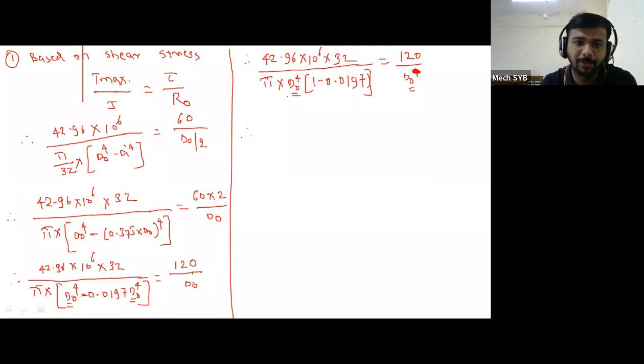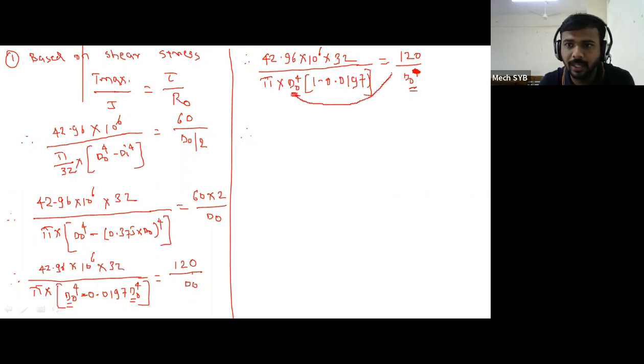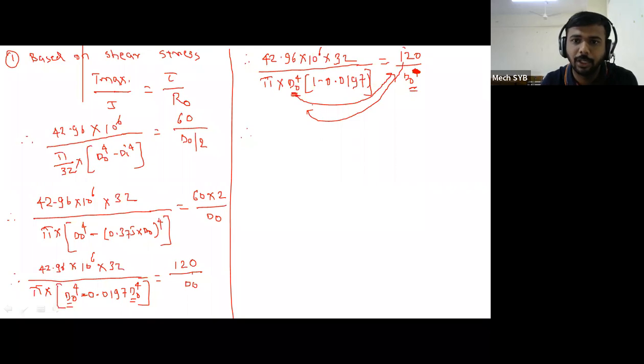So do term is present at the left side also and at the right side also. But this is the unknown parameter, so we have to take it at one side. Whatever do raised to 4 is present at the left side, at the denominator, if I take it to the right side, it will go to the numerator. And this 120 is present at the right side, in the numerator; if I take it to the left side, it will go to the denominator.